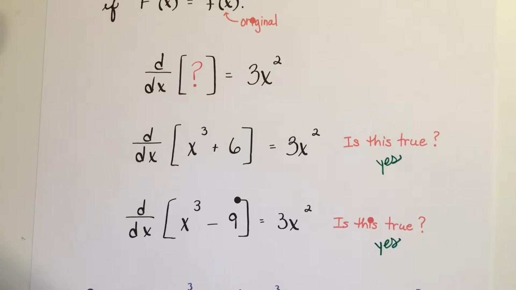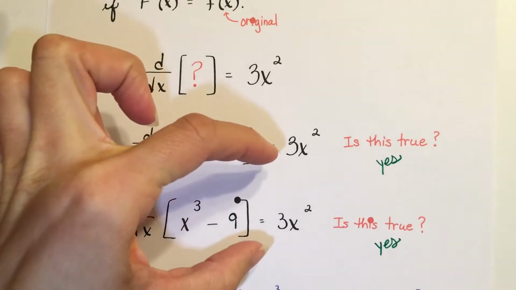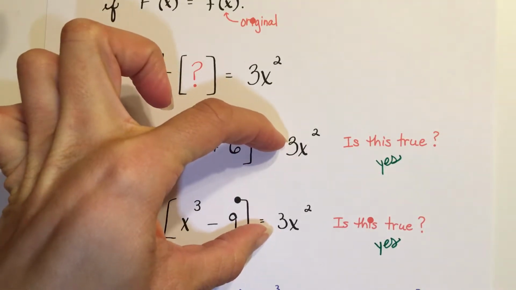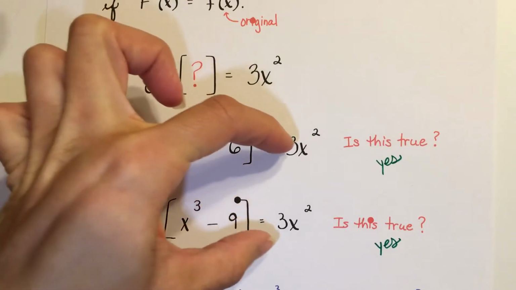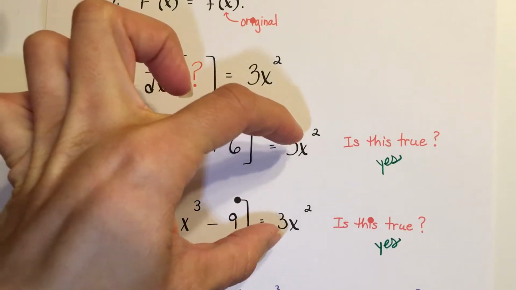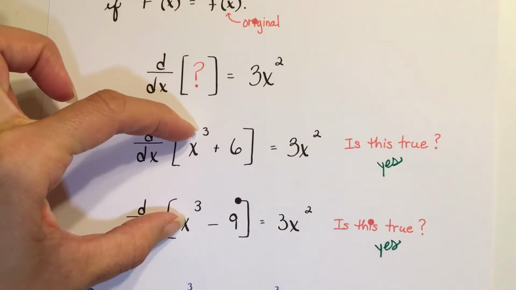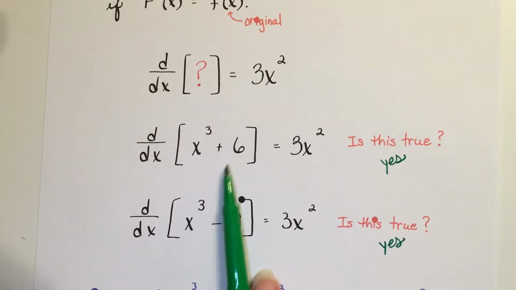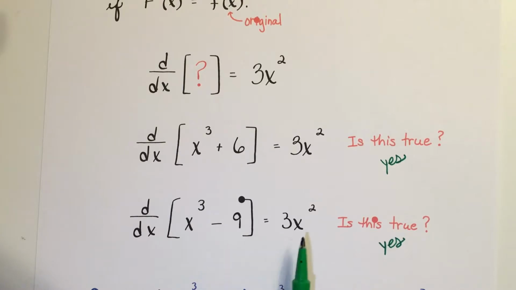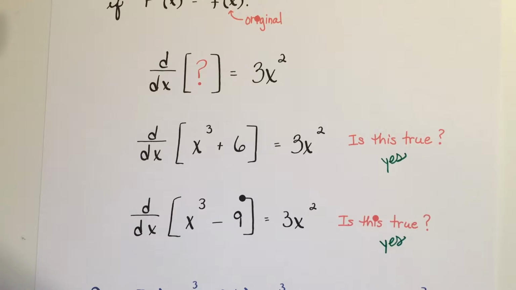So if you notice, I've got two different functions that have produced the same derivative, okay? So if I were to find the antiderivative of this, then I should be able to get this back, okay? You've got to keep in mind that having a constant added or subtracted doesn't change the derivative, because when you take the derivative of a constant, that just gives you 0, okay?